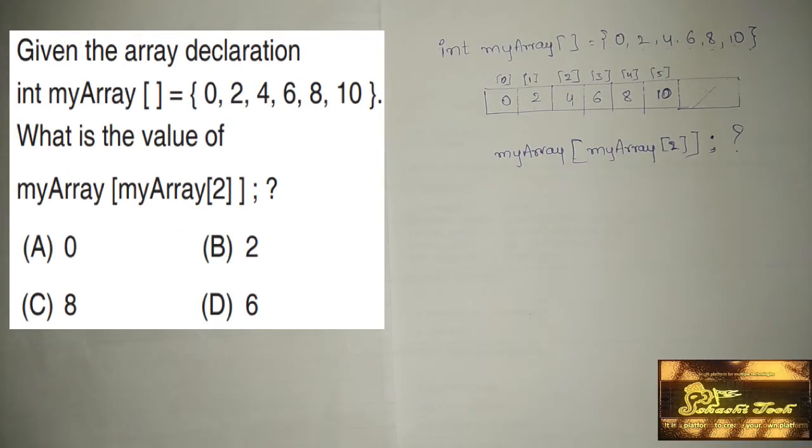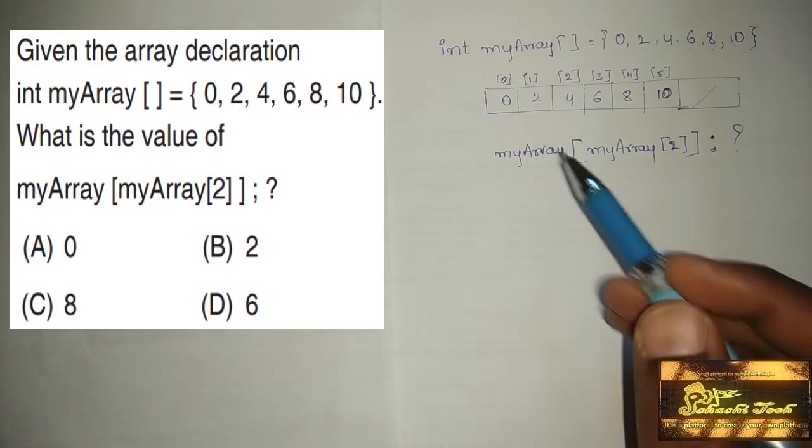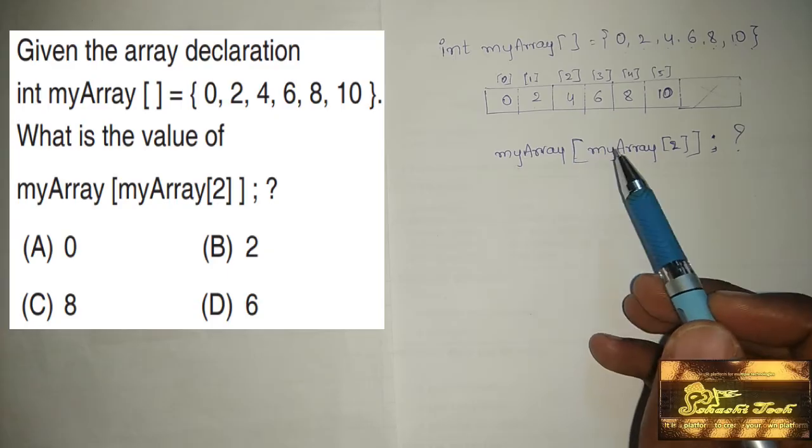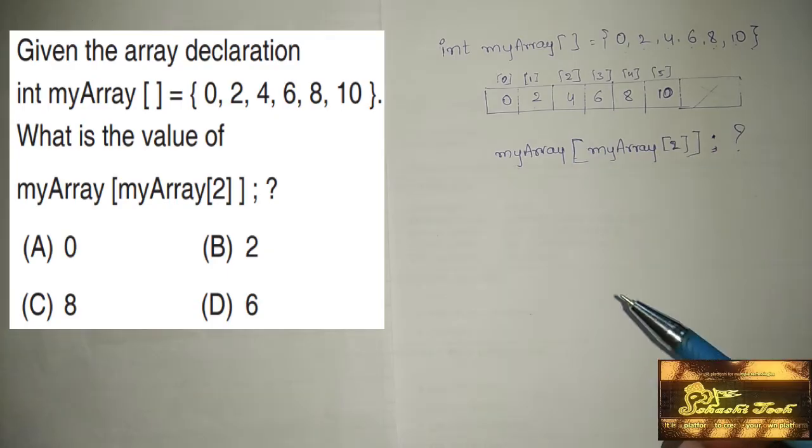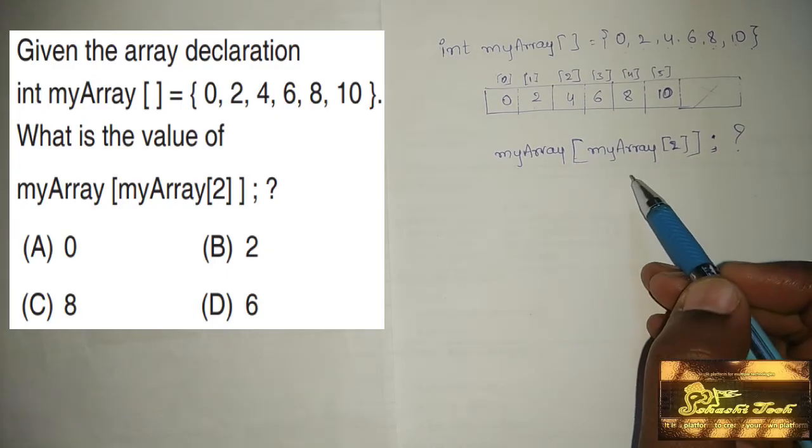Our second question is, given the array declaration int myArray[] which contains the values 0, 2, 4, 6, 8, 10, what is the value of myArray[myArray[2]]? The index values of 0, 2, 4, 6, 8, 10 are given here. First we need to solve this.